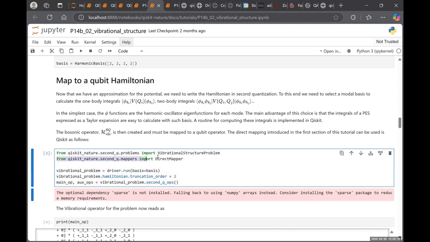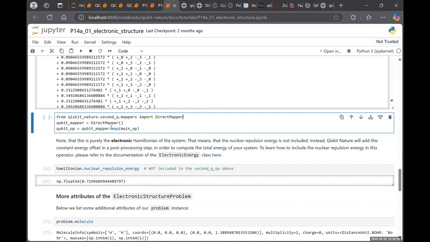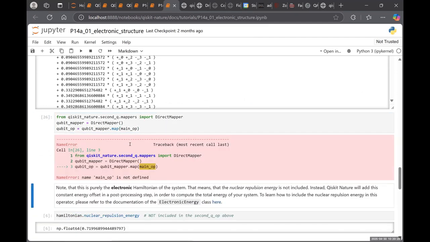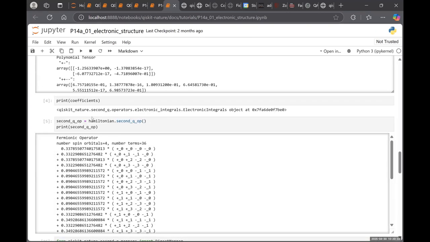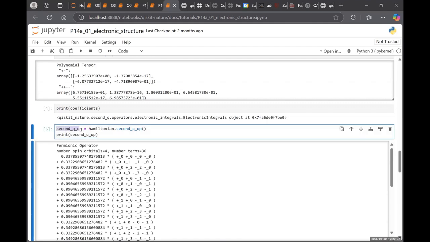Oh, Qiskit Nature second quantized mapper, direct mapper, and operator. This is the second quantized.